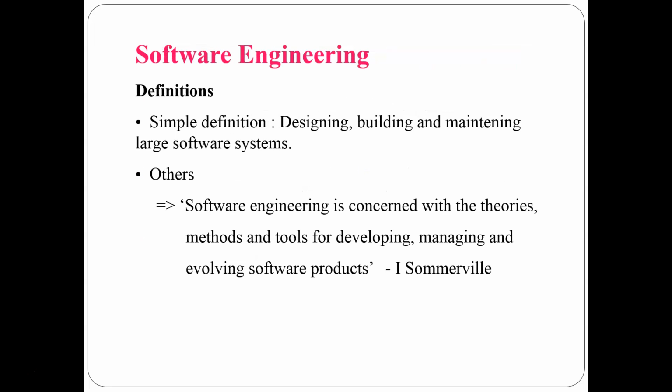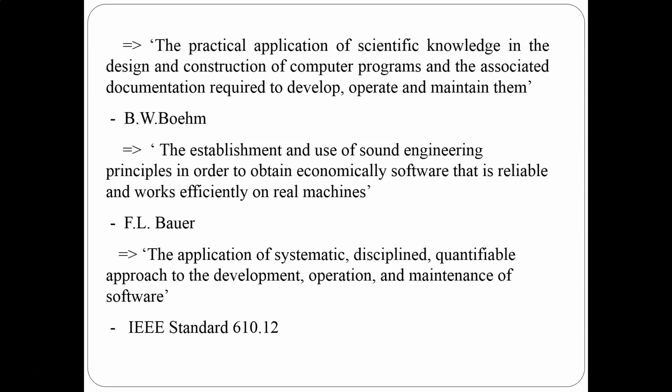Then we are going to define what software engineering is. Simply, we can say designing, building and maintaining large software systems. This is how Sommerville defined it. Software engineering is concerned with theories, methods and tools for developing, managing and evolving software products. You can read it.